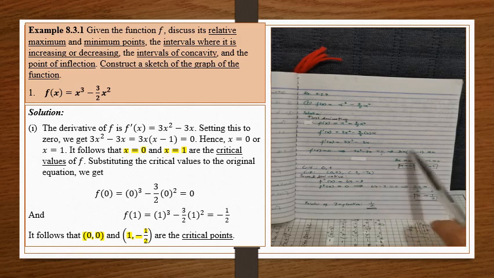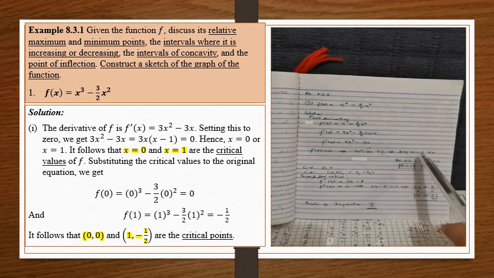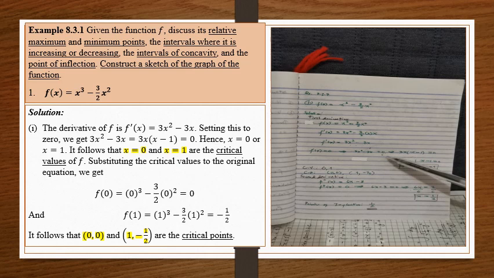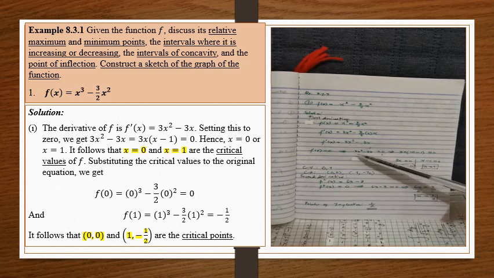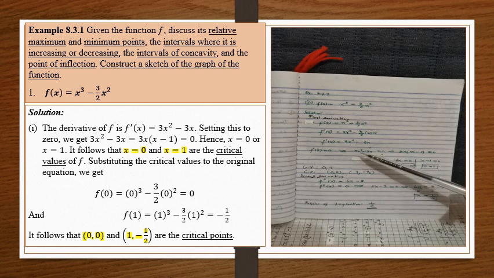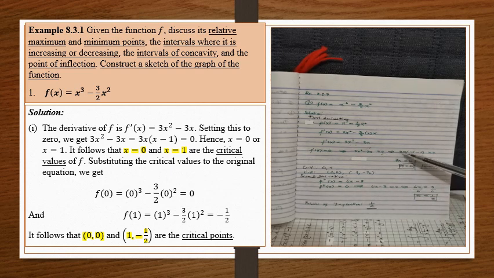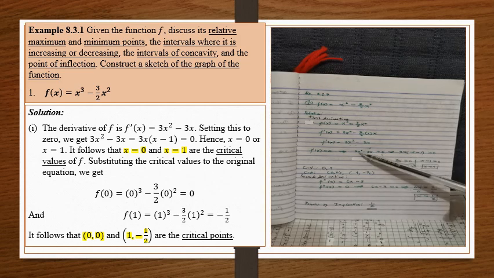And then, i-factor natin to kasi kailangan natin dito is yung values ni x. Kasi yun yung magiging critical values natin. Okay, so 3x, i-factor out natin because 3x is their greatest common factor between first term and the second term. Okay, so 3x, we are left with x na lang sa first term.